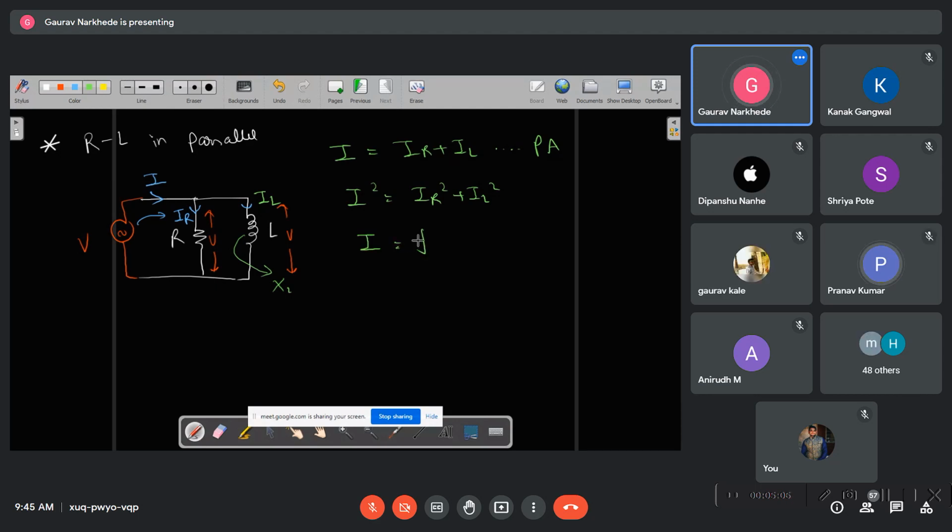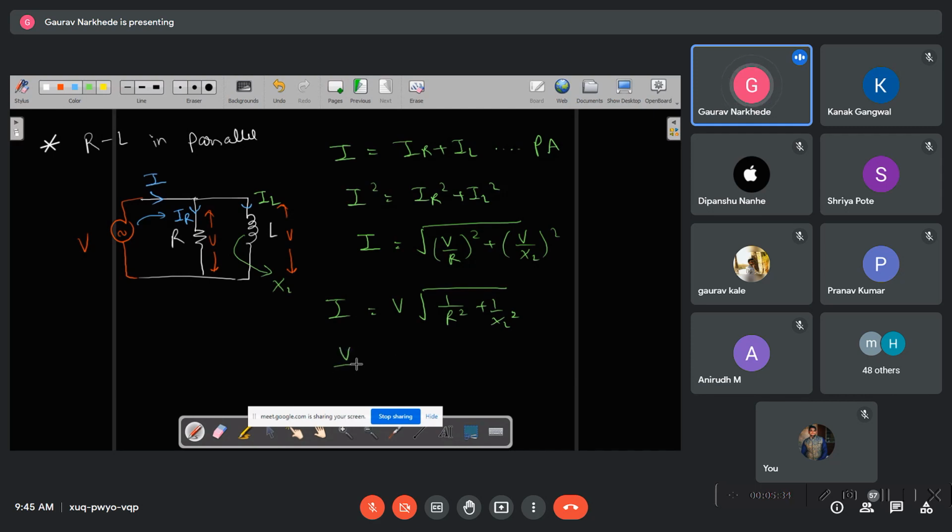So I will be the root of IR square, which is (V by R) whole square, plus IL square, which is (V by XL) whole square. So I will be V, taking it common, times the root of 1 by R square plus 1 by XL square.